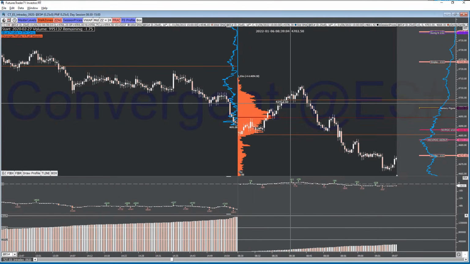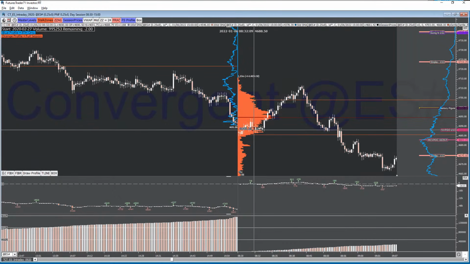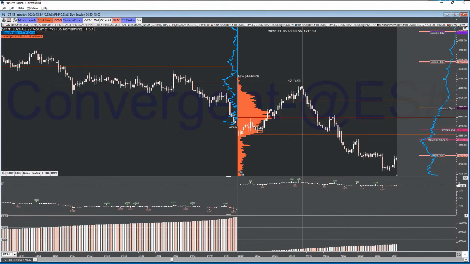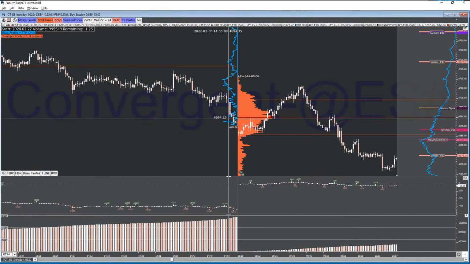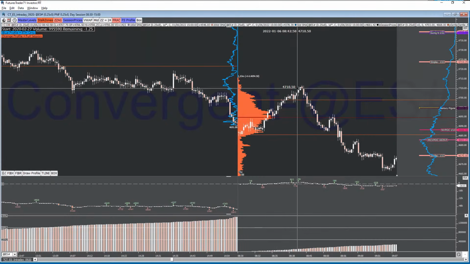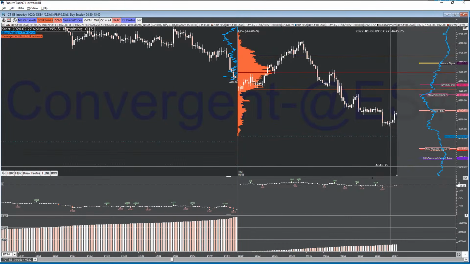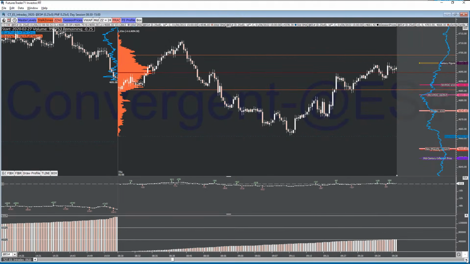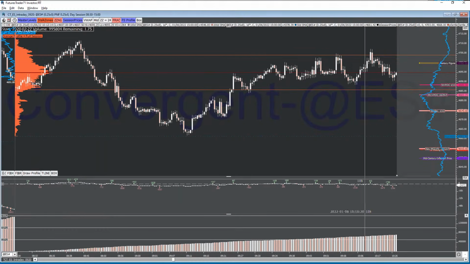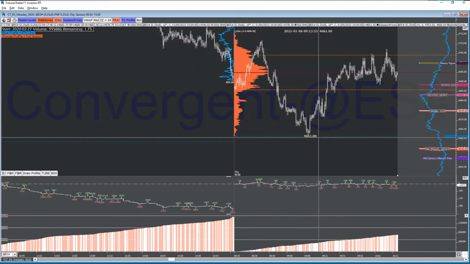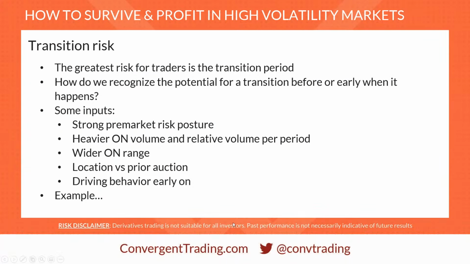So this run right here is approximately 30 points, this one rotation. Then it's done. It goes back into the prior day's range. It finds sellers, and off to the races we go, and we start to run off directionally in the other direction. These are all predictable pieces to the puzzle.